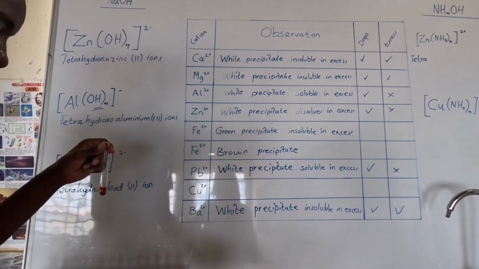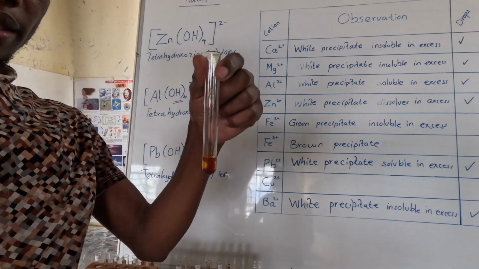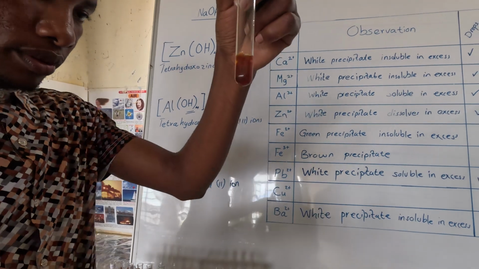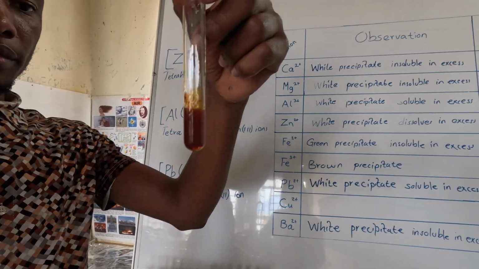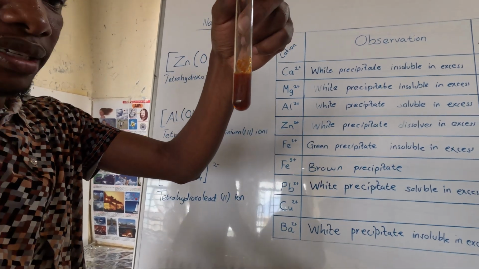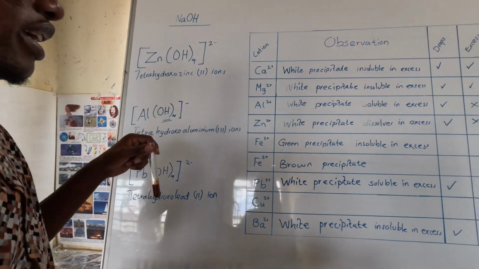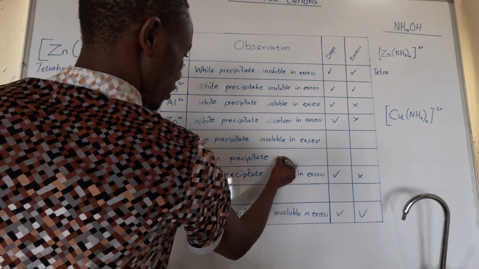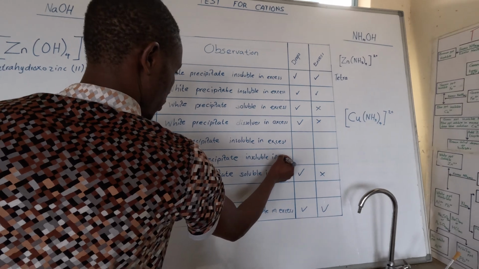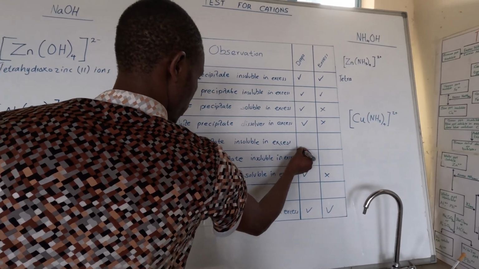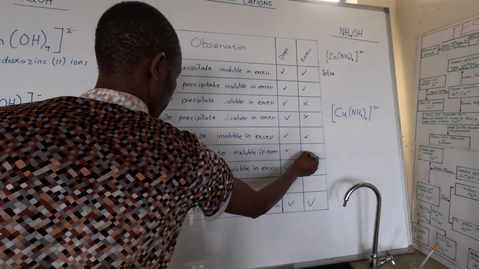What will happen if we add excess sodium hydroxide? It's just there, so insoluble in excess. So here it is just a precipitate.